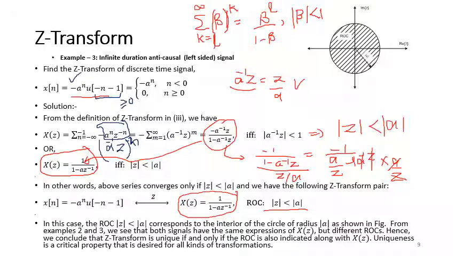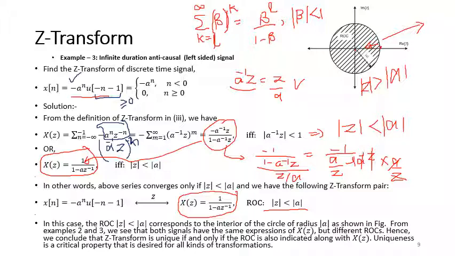In the previous case, the region of convergence was outside the circle with radius a, so absolute of a was less than absolute of z. But in this case, the region of convergence is opposite: absolute of z is less than this. So that's your circle with radius a, and the region of convergence is inside of it.